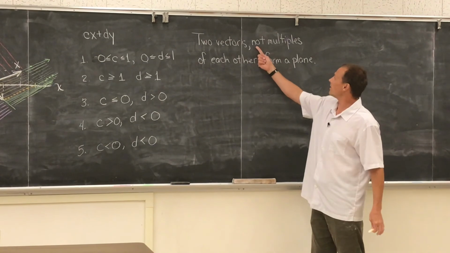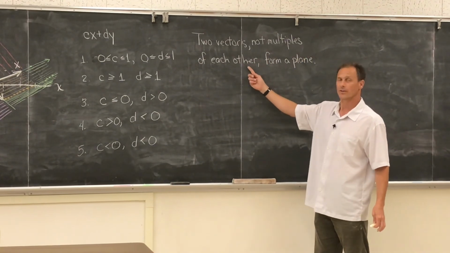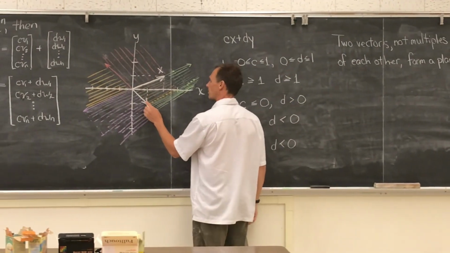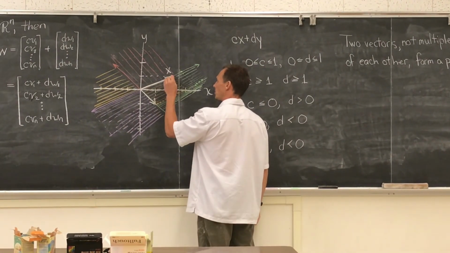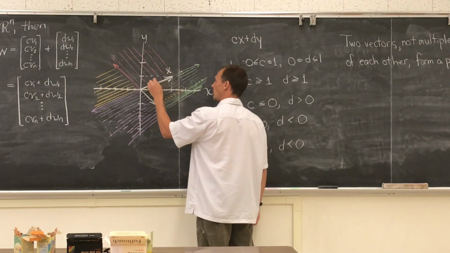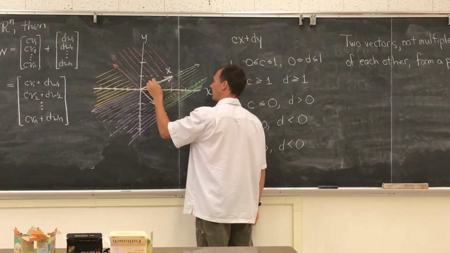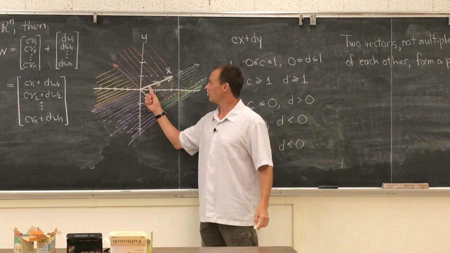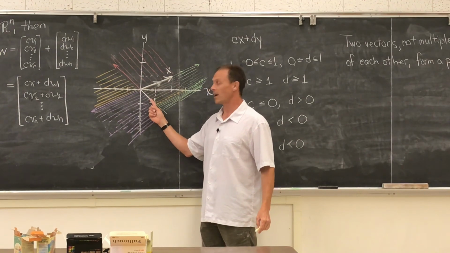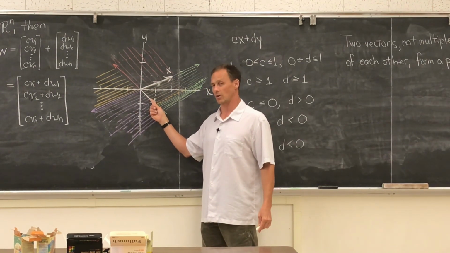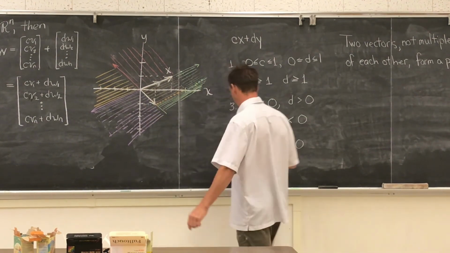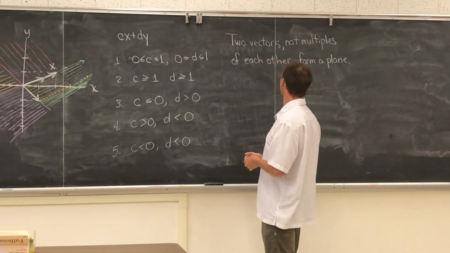This little caveat, not multiples of each other: by that, what I mean is that if the vector y was a multiple of x, it would be something maybe right here. Well, in that case, all I would have is a line. The vector y cannot be lying on x in order to create the plane. That's the one catch.